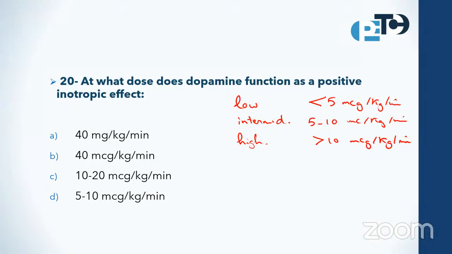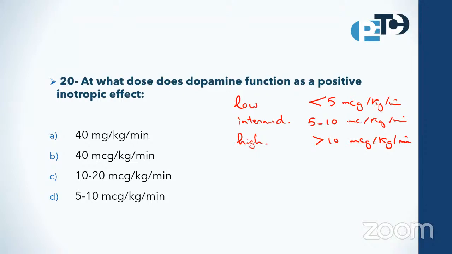The lower dose here, what is the pharmacological action of it? It will increase the blood flow to the kidney, so it will lead to diuresis or may give an effect of diuresis. While the intermediate dose will increase the cardiac output and the contractility of the heart.